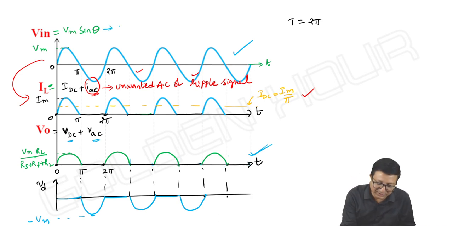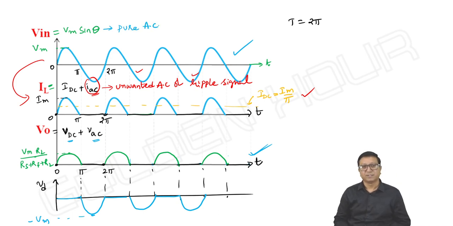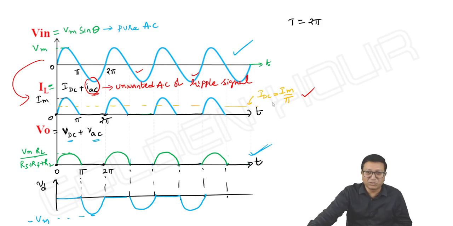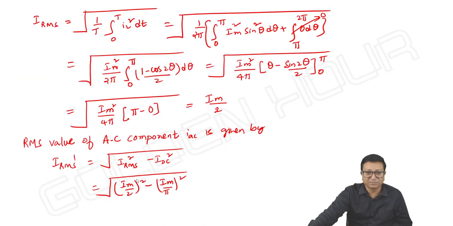Vm sin theta, it is pure AC. We convert the bipolar signal into unipolar so that we can generate some DC current as well as DC voltage across the load resistor.